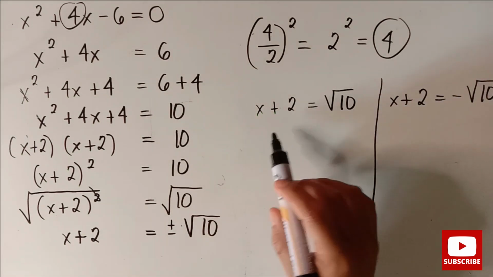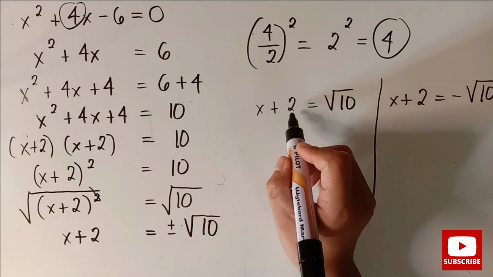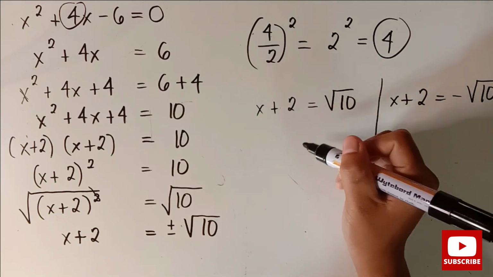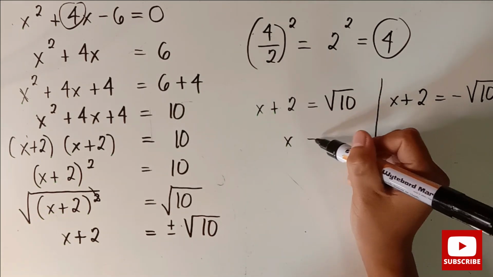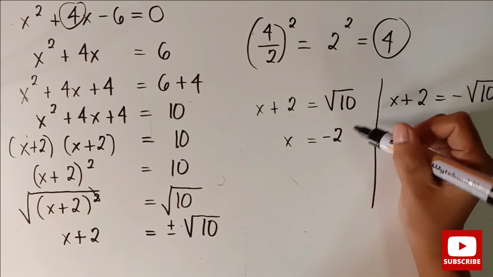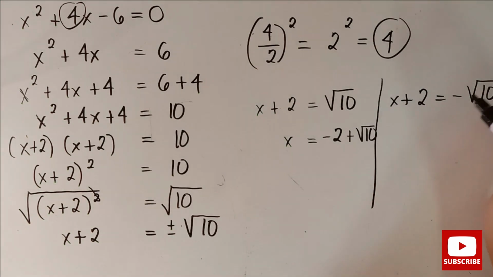To get the value of x, we will transfer positive 2 to the right side. Hence, x equals negative 2 plus square root of 10.